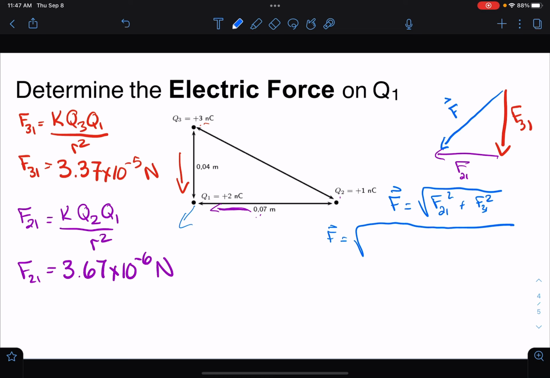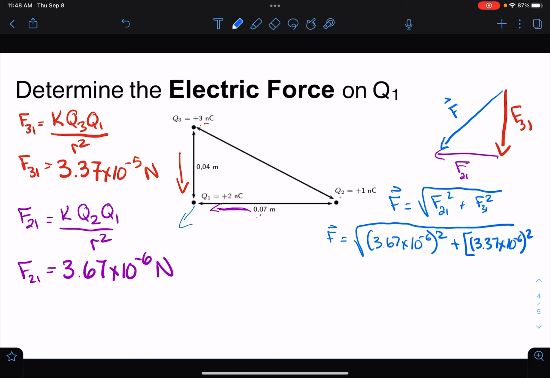Okay, but when I actually plug this in, I put parentheses everywhere. Okay, so we're going to do 3.67 times 10 to the negative 6, parentheses squared. And then I would add that to, I actually double parentheses these just to be on the safe side. You don't have to, but I like to.